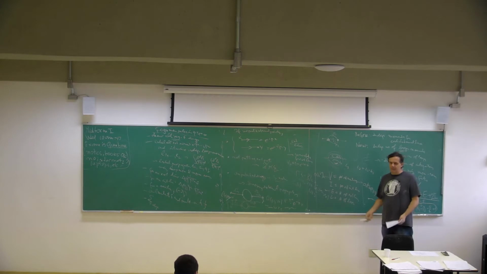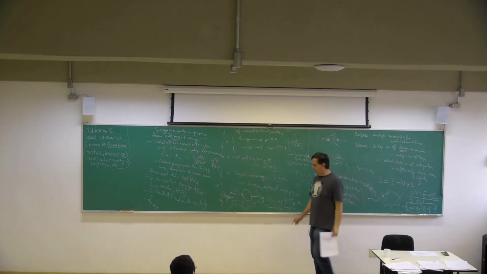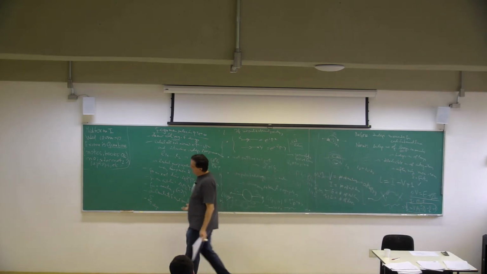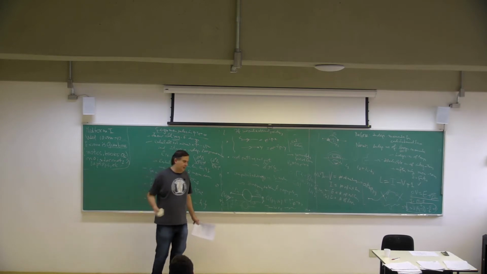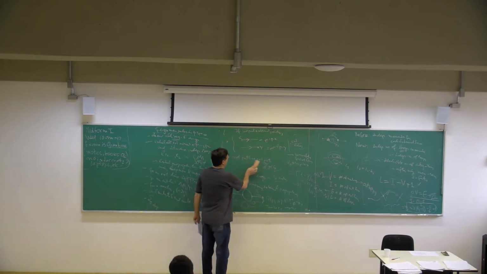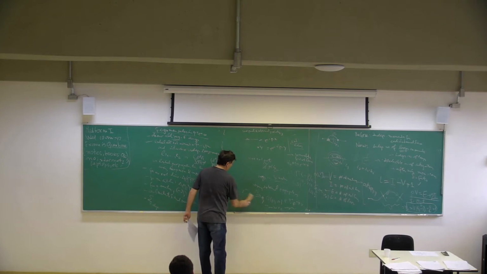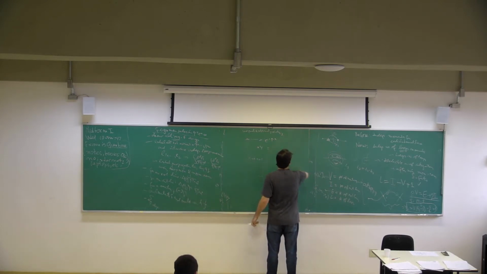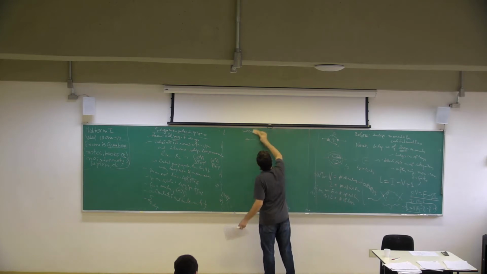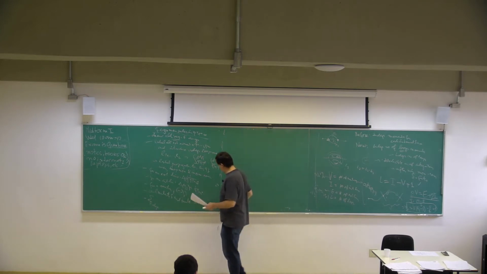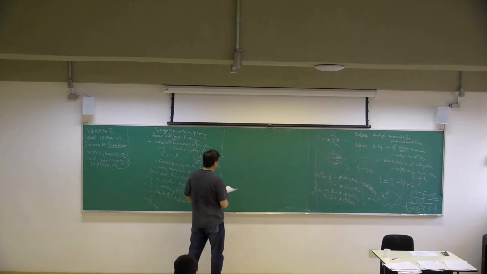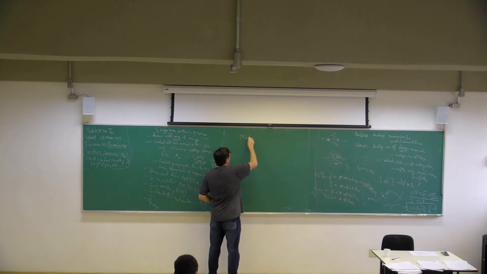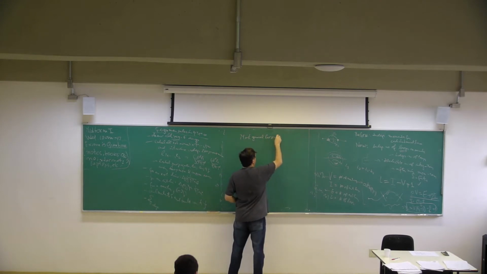But in principle, I can have a bosonic theory with more fields and couplings between them defined arbitrarily. So let's see how to do that. Most general bosonic field theory.